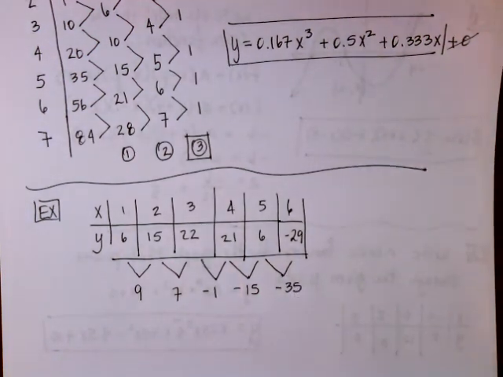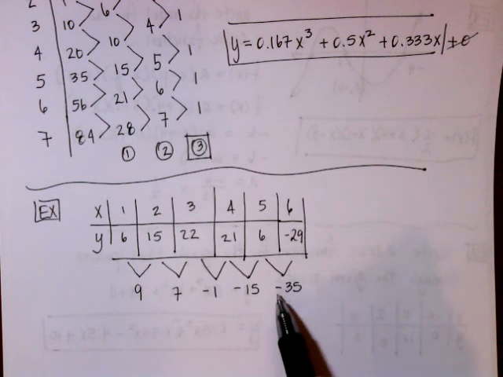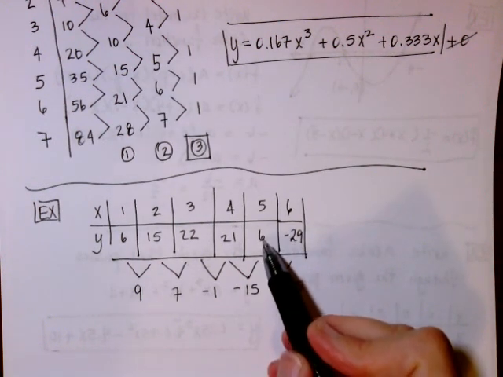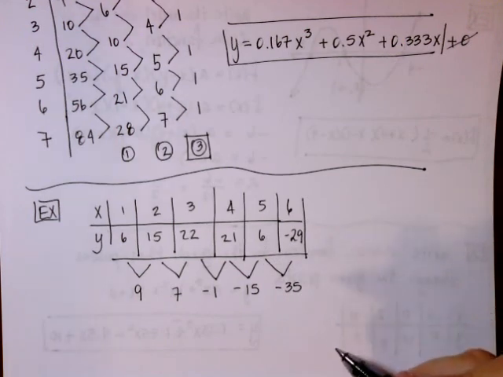So when you start having a broader spectrum of numbers, you do have to be careful with your negatives. So this was a negative 29 minus 6, which gave me the negative 35. And that's a first degree. That would be linear. Obviously, that doesn't work.